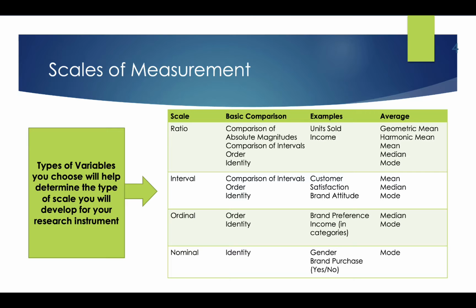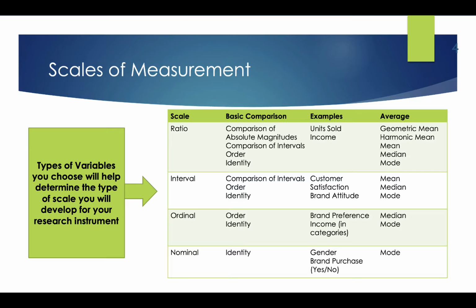The interval scale is comparing between intervals. The order makes sense, the identity. So oftentimes we use customer satisfaction and brand attitude, and we could average these as a mean, the median, or the mode. And also remember that we are going to be using correlation and even regression to see both, are there relationships between the variables, and is there a predictive model that we can create?